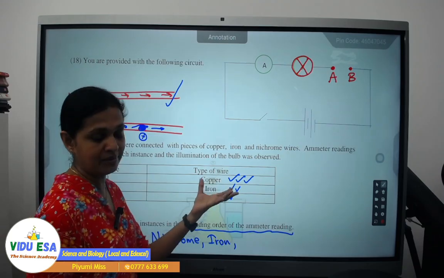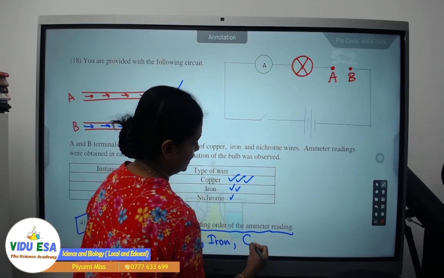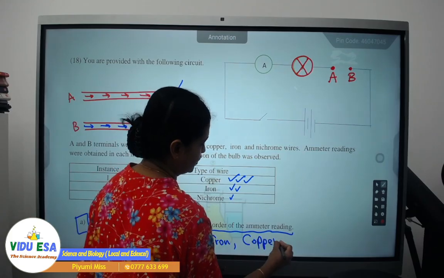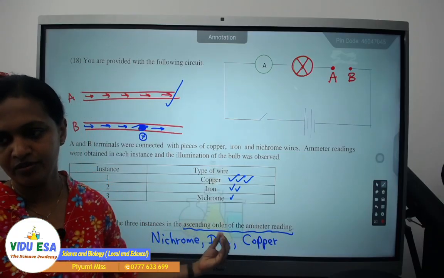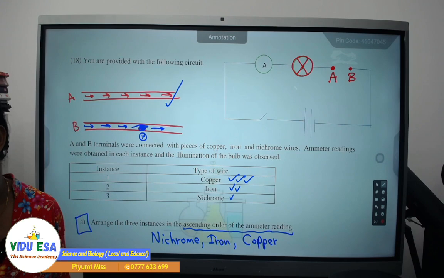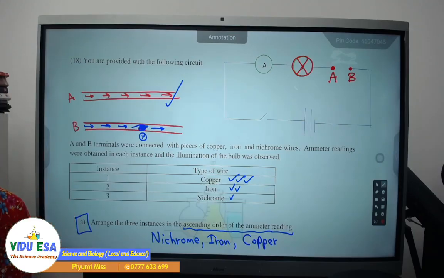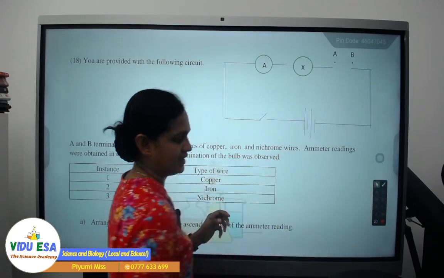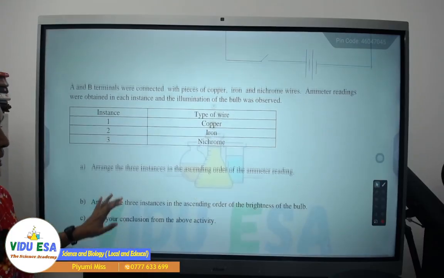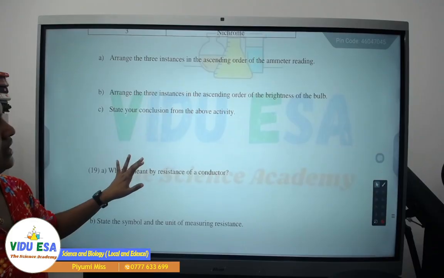Then the highest current will be conducted by copper. Ascending from the smallest to the highest: nichrome, iron and copper. That is the ascending order of the ammeter reading. You had analyzed that. You thought about the resistance or the obstacle, then how the current flows.